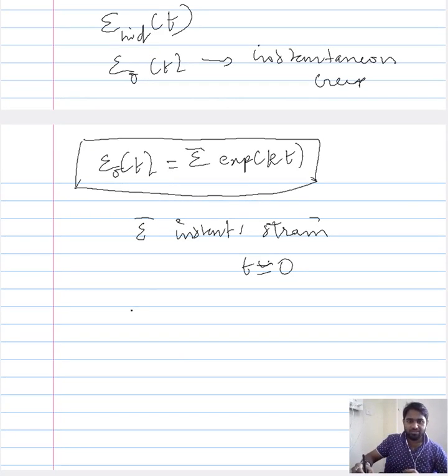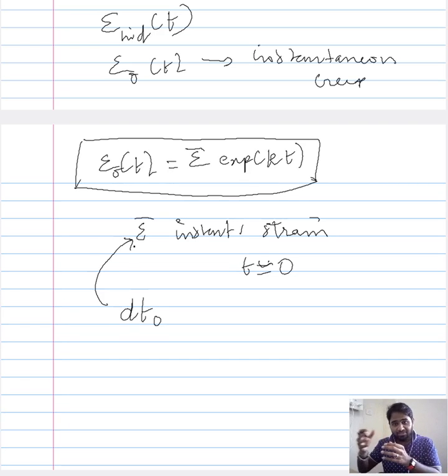So if you consider a very small time step t d naught, that is immediately after you impose the load, then epsilon bar is the strain imposed at that time t d naught. And in the subsequent time steps, of course the t d naught is close to 0. In subsequent similar time steps, what is the strain exhibited by the material can be expressed in this term, meaning as the time prolongs, the strain exhibited by the material increases exponentially.